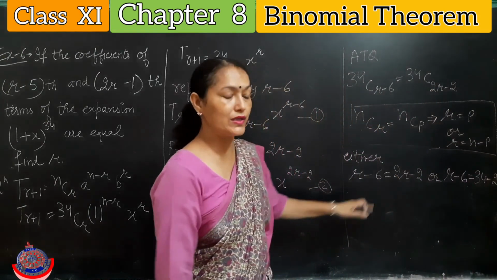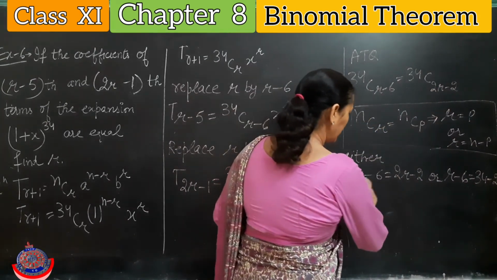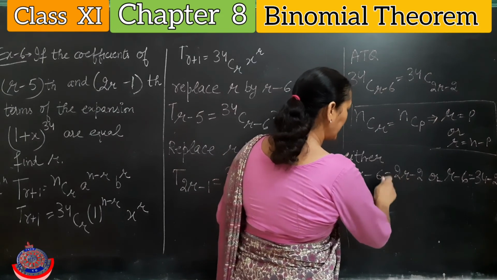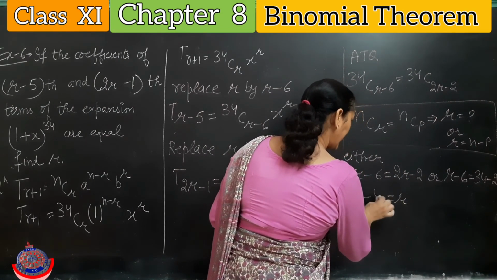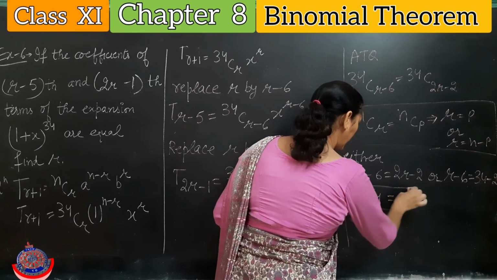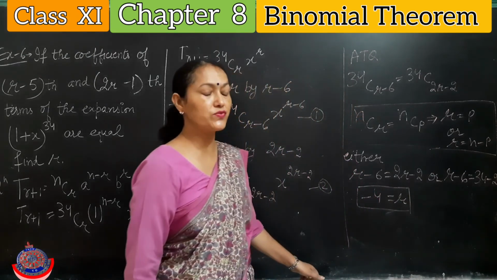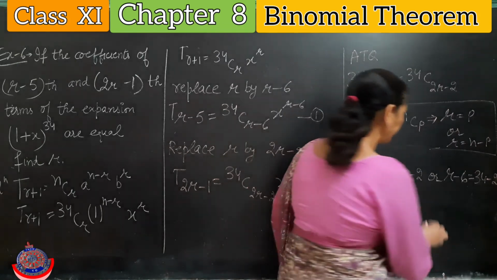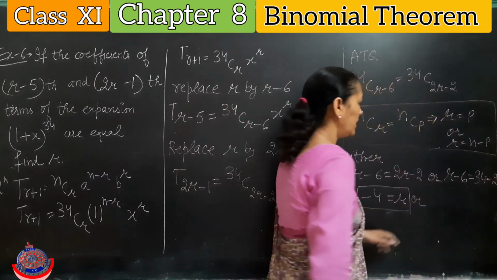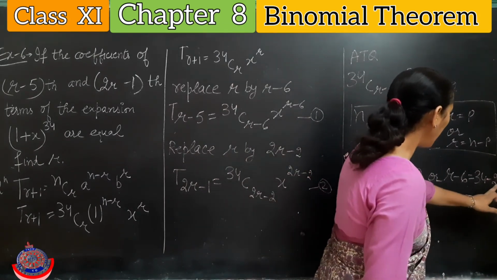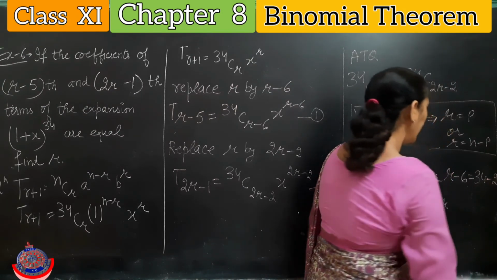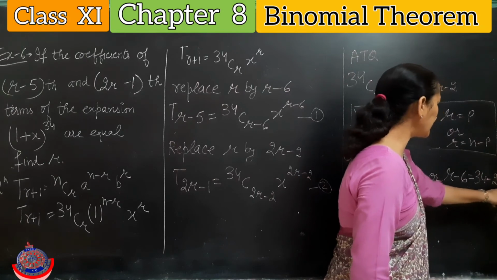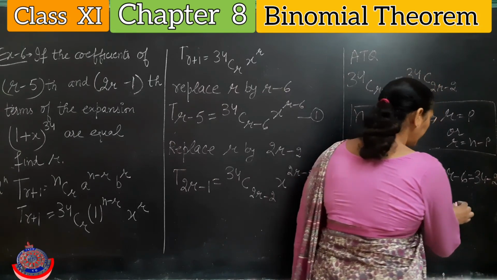So now if we solve these two, r will be shifted that side, 2r minus r will be r, and this side minus 4. So one value of r we have obtained is minus 4, and on this side, this minus 2r coming to this side will become 3r. 34 plus 2 is 36, 36 plus 6 is 42.